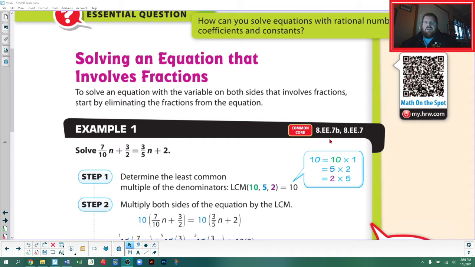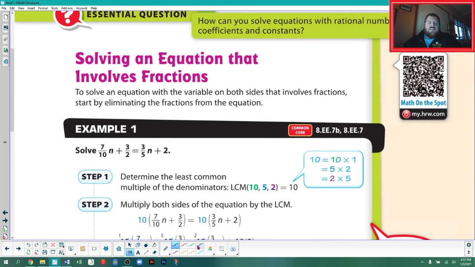You could definitely go through this problem and turn all these into having common denominators if you wanted to, but this is a method that makes it a little bit easier. Call it what you will, but it's basically a way to turn everything into whole numbers as opposed to any fractions in the problem at all, which we can do as long as we do the same thing to both sides of the equation.